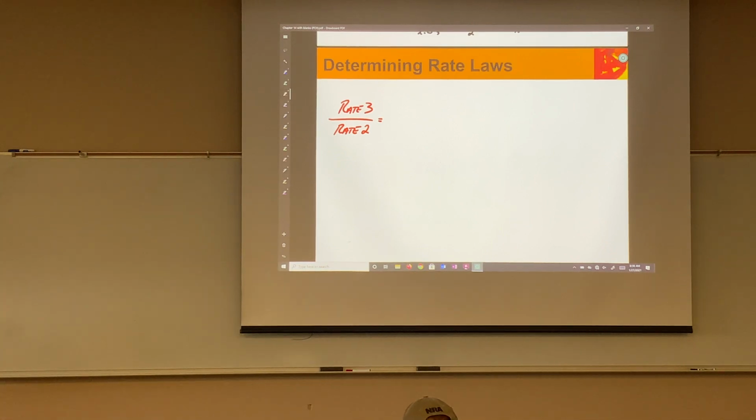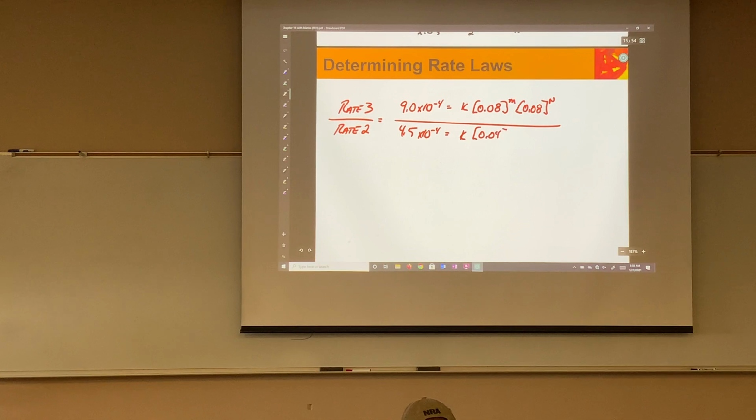So we'll start to fill stuff in, right? 9.0 times 10 to the -4 is equal to K, 0.08 to the M, 0.08 to the N, over 4.5 times 10 to the -4, and 0.04 M, 0.08 to the N. Good, right?